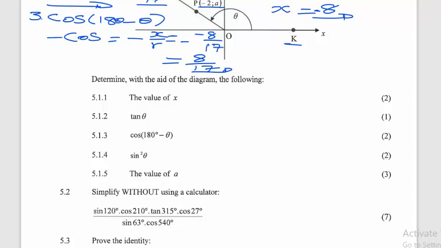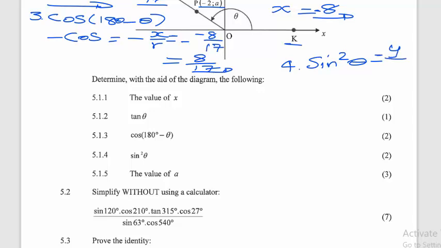So let's see, we have sine squared theta for number 4. Again, it's very easy because we know that sine is your y over r, right? So let's carry right along. We will have to replace it properly now.